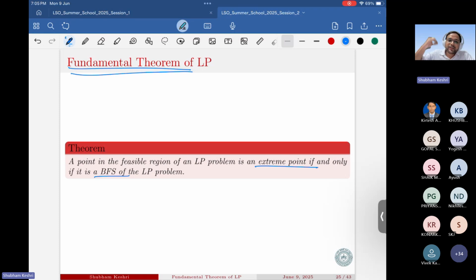The task of that algorithm should be to check all the basic feasible solutions, check the objective function value at those basic feasible solutions, and whichever has the highest objective function value, declare that to be optimal. You see, the task has become so simple. It doesn't have to check all feasible solutions because those are an infinite number of solutions. It just has to check all the basic feasible solutions. So this is the key: basic feasible solutions.